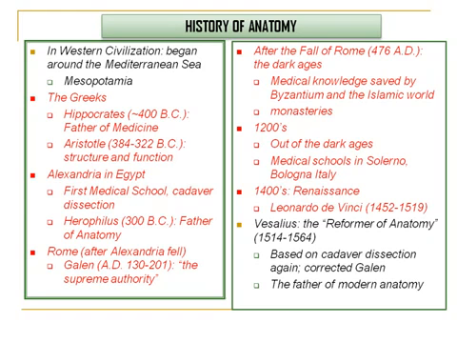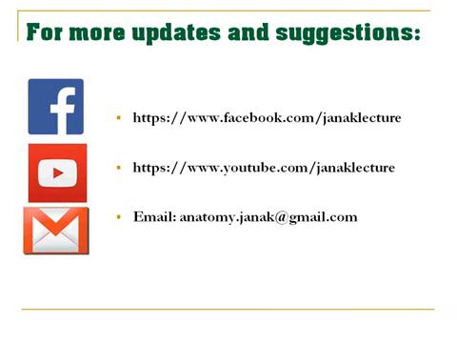He corrected the information provided by Galen by providing correct information through cadaveric dissection. That's why he is also known as the father of modern anatomy. Then the advancement of different techniques kept adding information to the knowledge of anatomy, and now there is modern medicine. And this is how we came to the end.